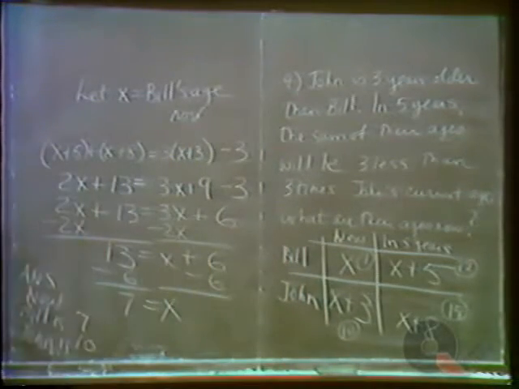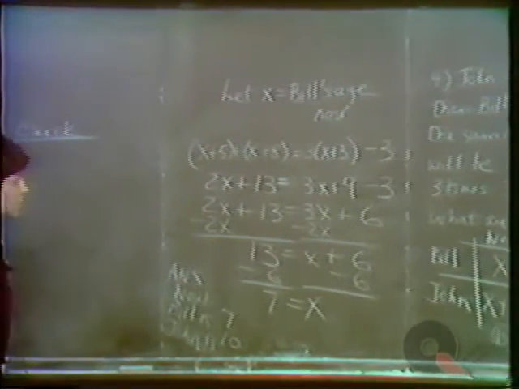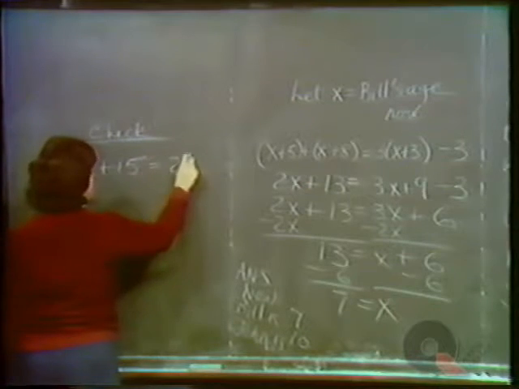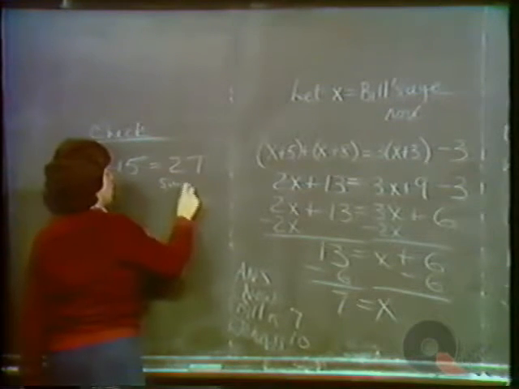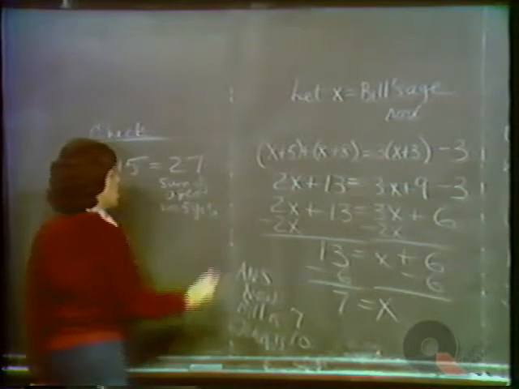Let me write the formal check down here. In 5 years, the sum of their ages, which is 12 plus 15, that's 27. That's the sum of the ages in 5 years.